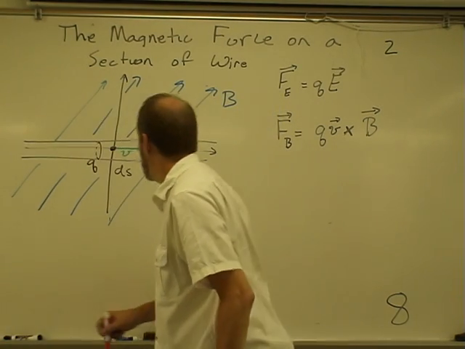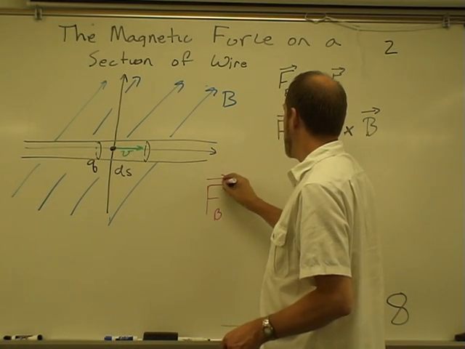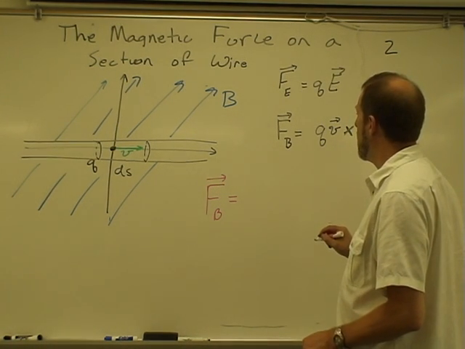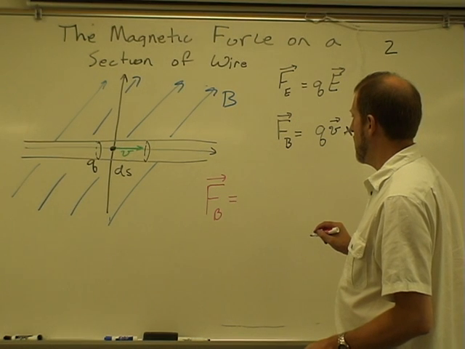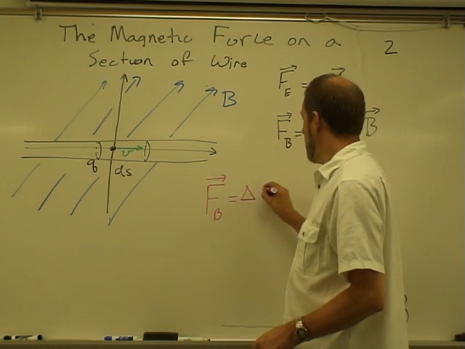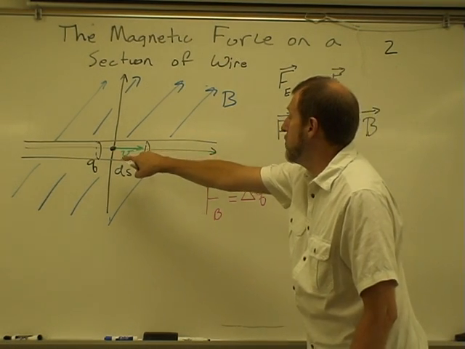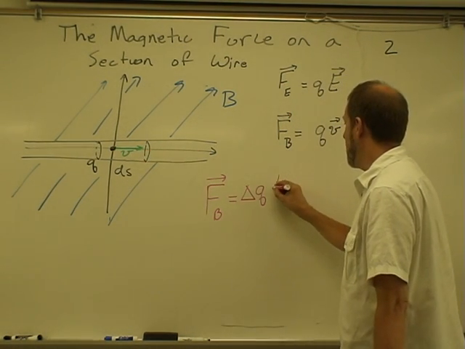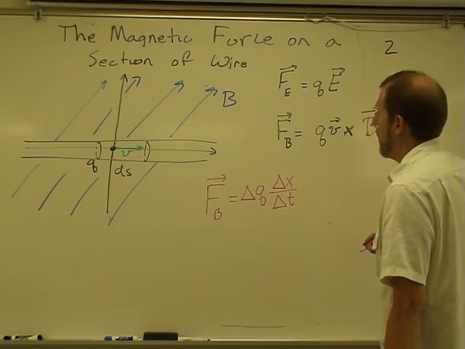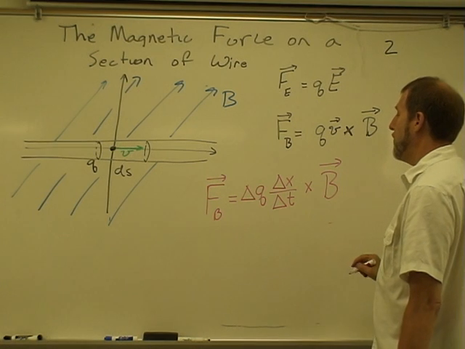I could say, well, the magnetic force on a piece of wire is equal to some differential piece of charge, dq, whatever charge is located in that tiny segment, times the velocity, dx over dt, crossed onto the magnetic field.